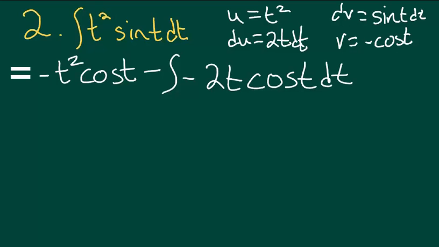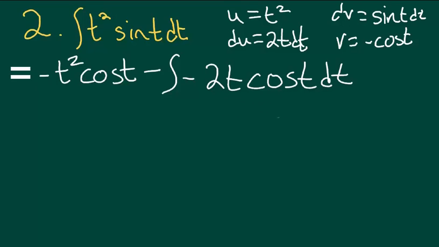And now we're going to use parts again for this integral right here, because substitution will not work. Same thing, we're letting u equal the polynomial expression first, which is just going to be negative 2t. Let me change the color of this.